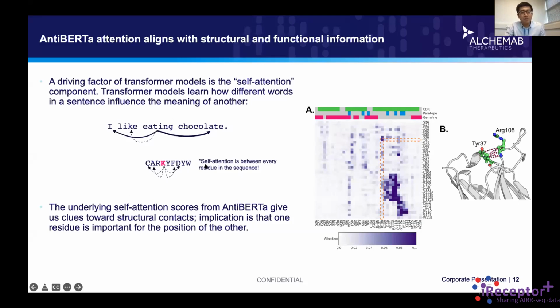What we find is that AntiBERTa's self-attention module is related to structural contacts observed in antibody structures, like what other people have seen before with protein transformers. So we can use AntiBERTa not only to figure out functional aspects of the BCR, but also potentially structural aspects, where we can quickly work out that these positions are close to each other and form interesting interactions.